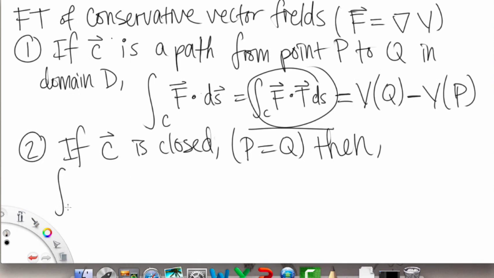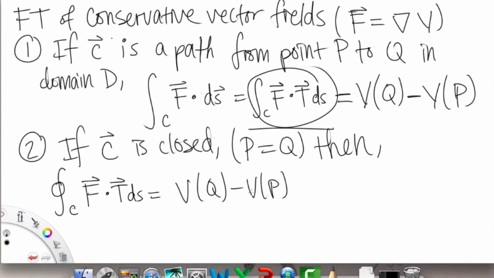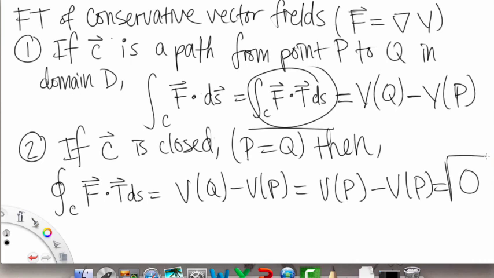Our line integral, now over a closed curve, for conservative vector fields equals V, same thing, right? But in this case, Q and P are the same, so we could just as well write V of P minus V of P again, which equals 0.